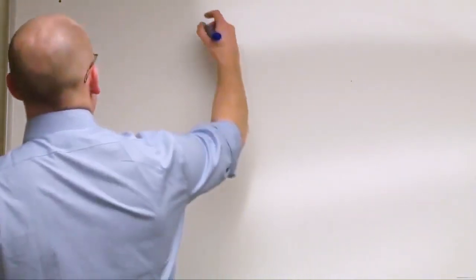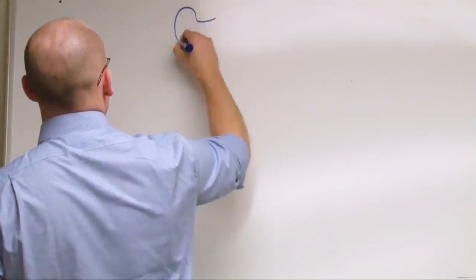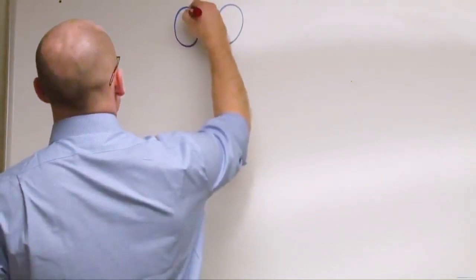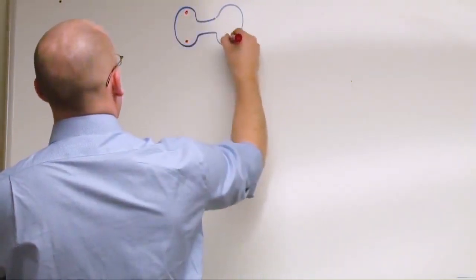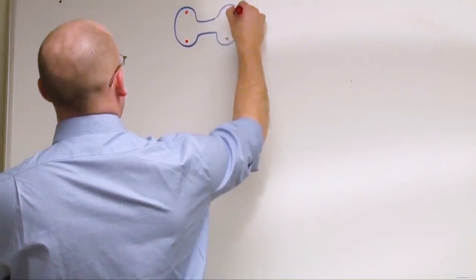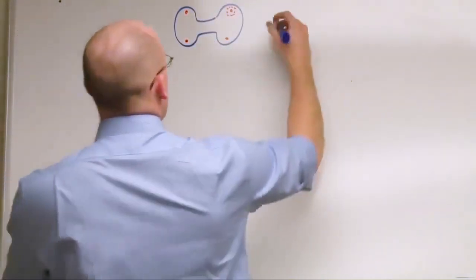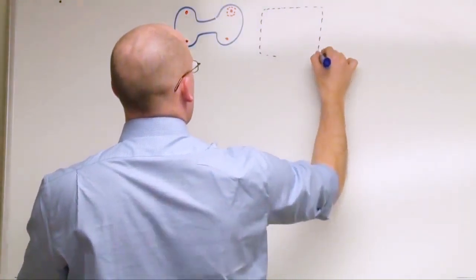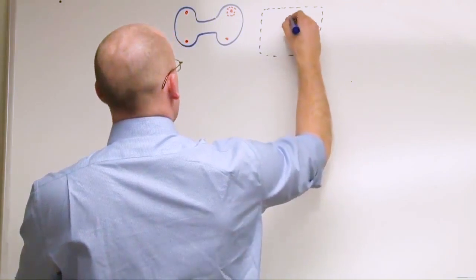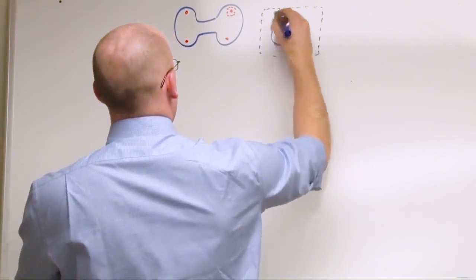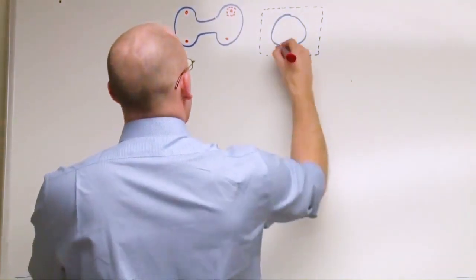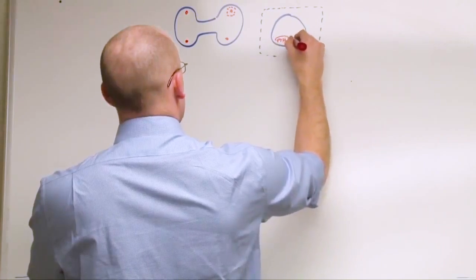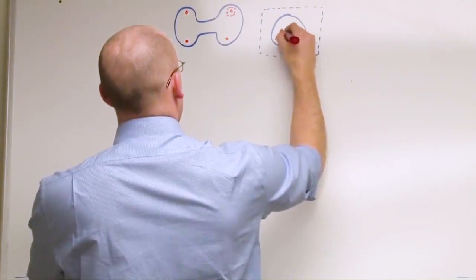In the parathyroid glands that are located behind the thyroid, you have cells that have packaged parathyroid hormone into vesicles, ready for launch.